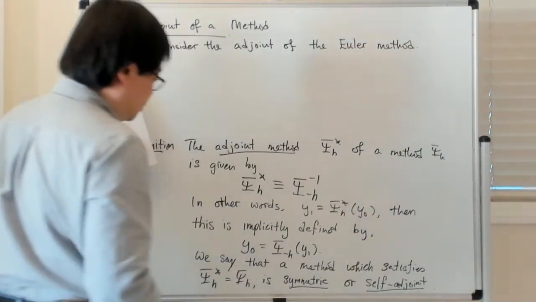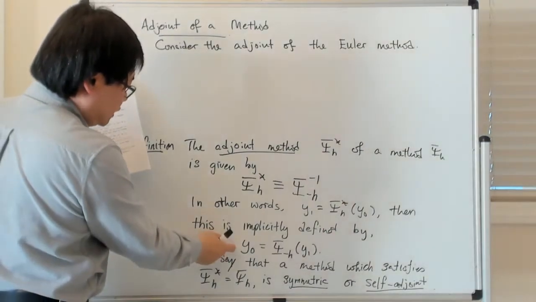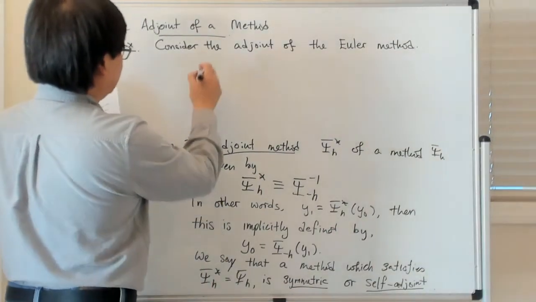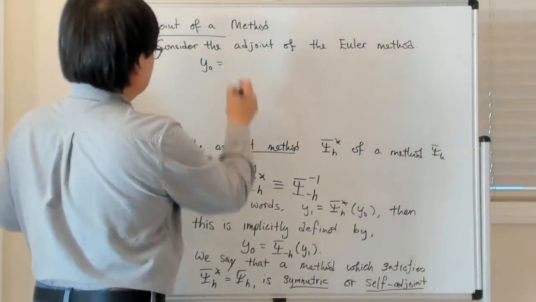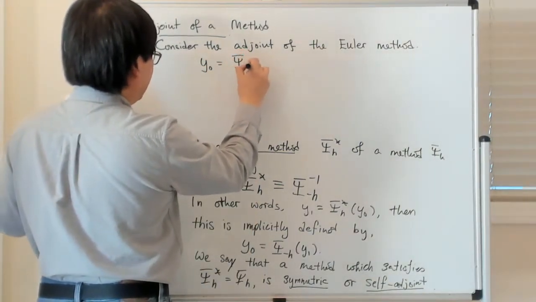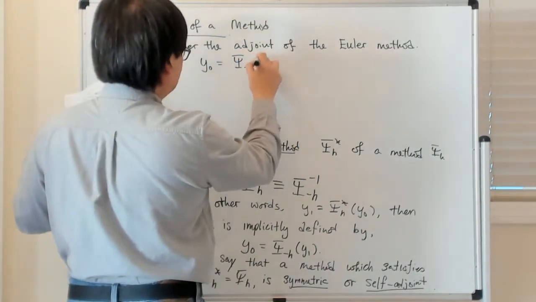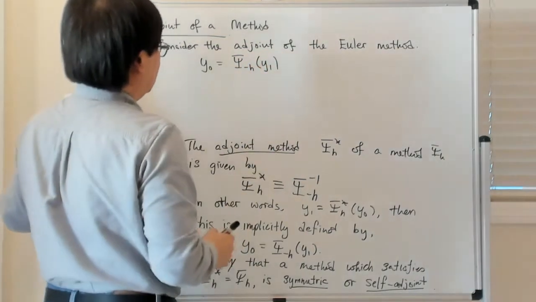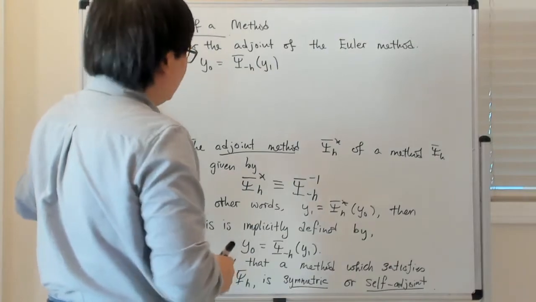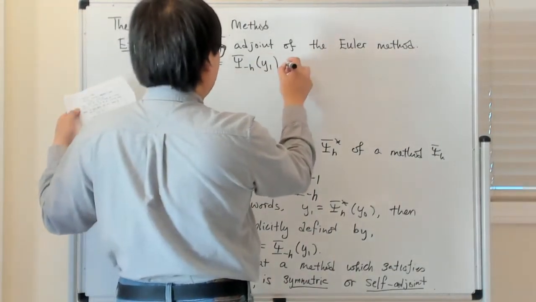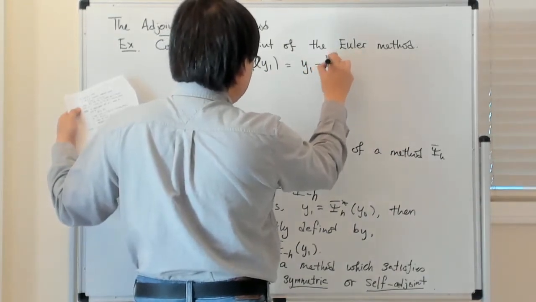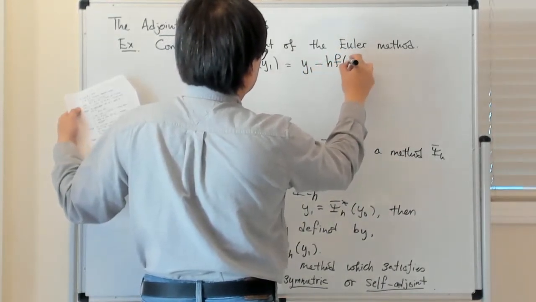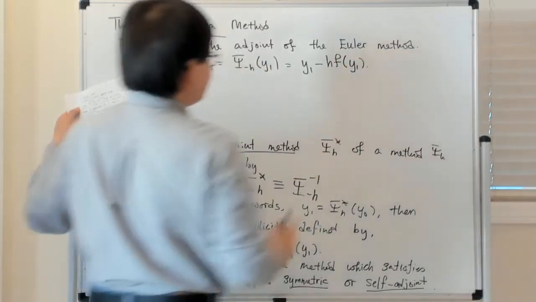All right, so let's use this definition, which is to say that y0 is equal to the negative time h flow applied to y1. And the Euler method applied to y1 with a negative h time step is y1 minus h f evaluated at y1.